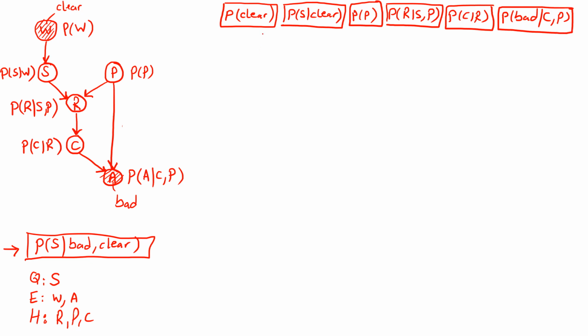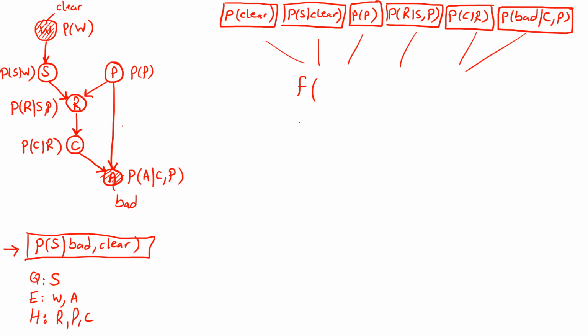Now we want to join all of them. If we have these 6 factors, I want to join all of them. What do we mean by join? We multiply them together. When we multiply them, what factor will we get?